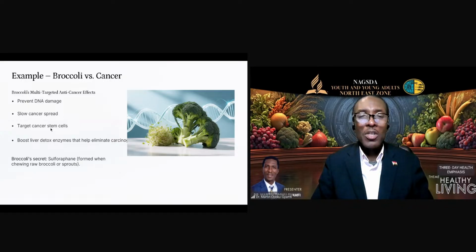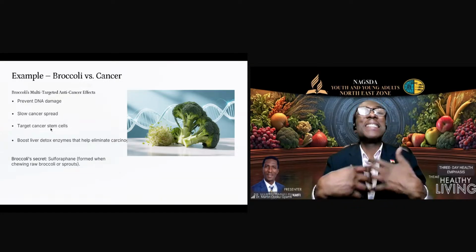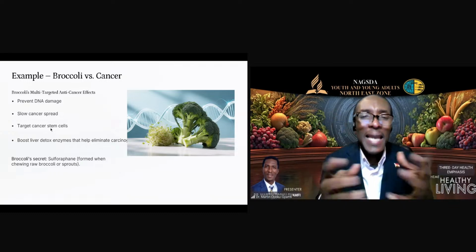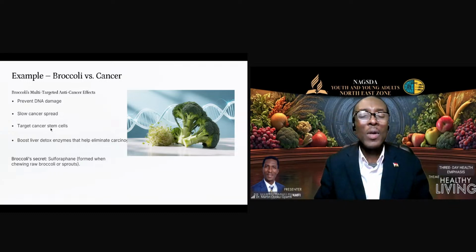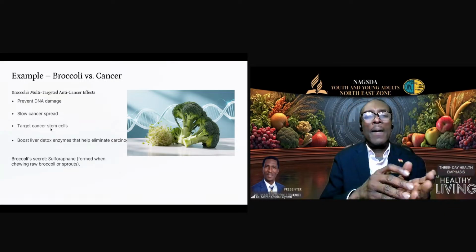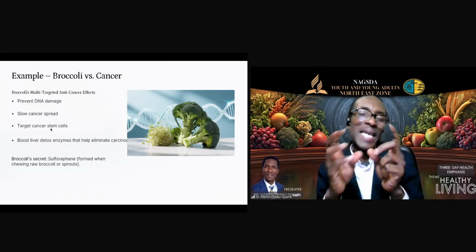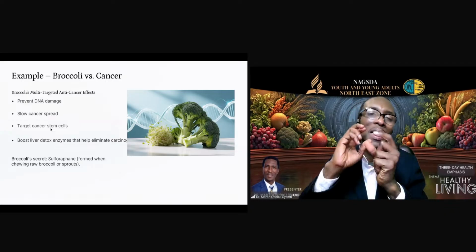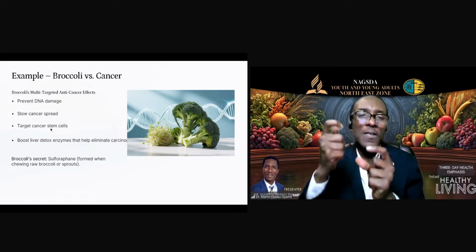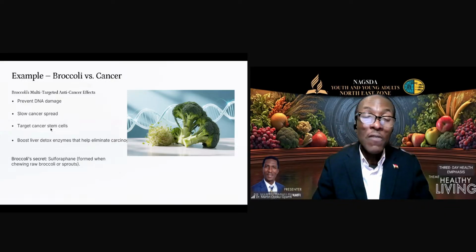Okay, and so if you don't know how to cook broccoli, learn how to do it. Broccoli is only supposed to be steamed. You just steam it lightly, so that it will be easily digestible, and at the same time maintain its crunchiness, because that crunchiness is a stimulus that triggers the cells of the broccoli to produce that chemical.